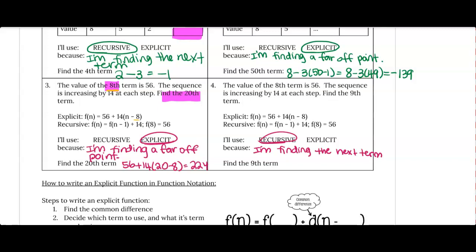In number 4, the value of the 8th term is 56. The sequence is increasing by 14 at each step, and they ask you to find the 9th term. So you'll use the recursive because that's the next term in the sequence, and the 9th term will be 70 because you will do 56 plus 14.